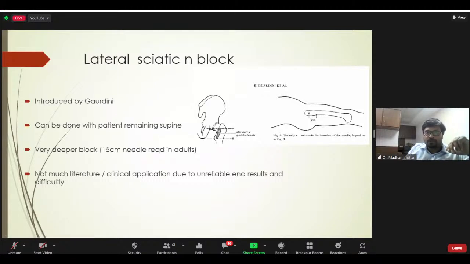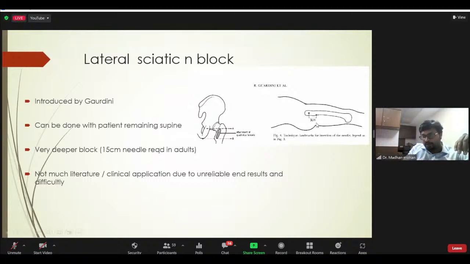And once you get the stimulus, you can deposit the drug. That's what has been done by him. But due to the very long needle travel, it's not being followed frequently, and I have not given one using this approach. The only issue with this block is there will be chances of failure because we don't know where exactly we are entering.